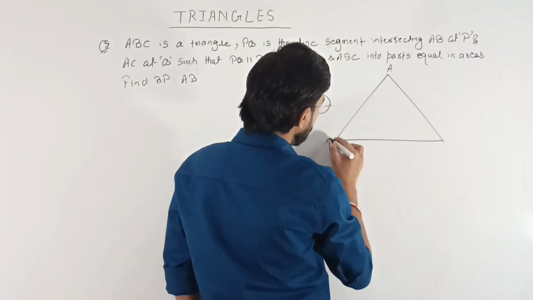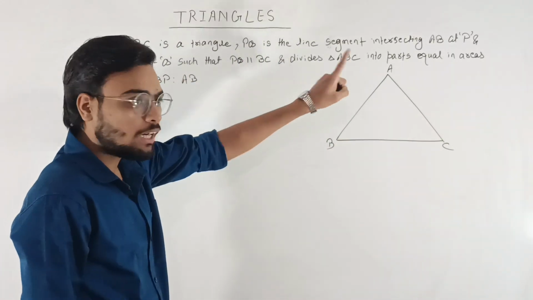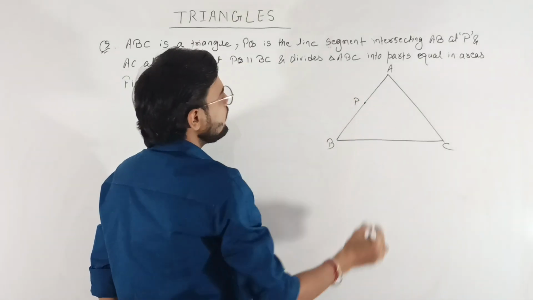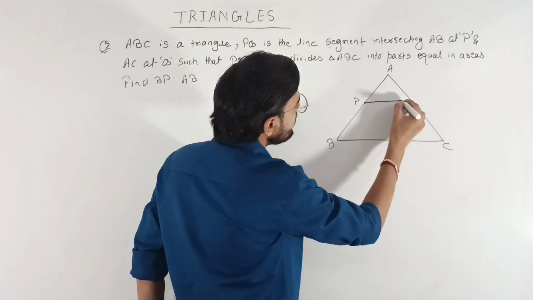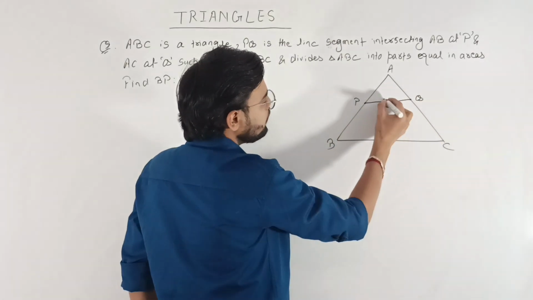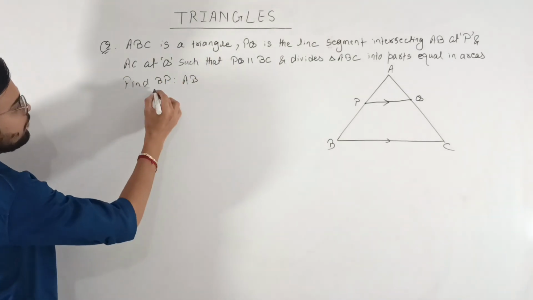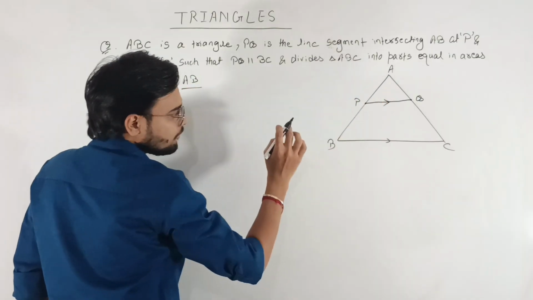This is triangle ABC and PQ is the line segment which intersects AB at P and AC at Q, and it is given that PQ is parallel to BC. Then we have to find BP is to AB.